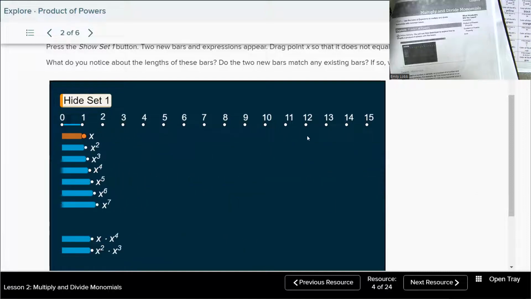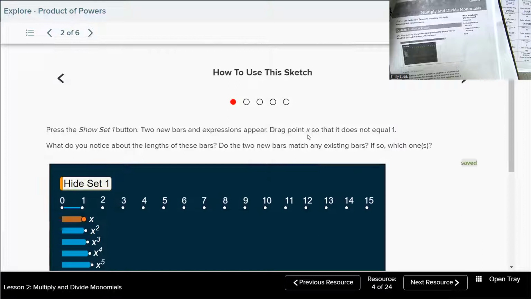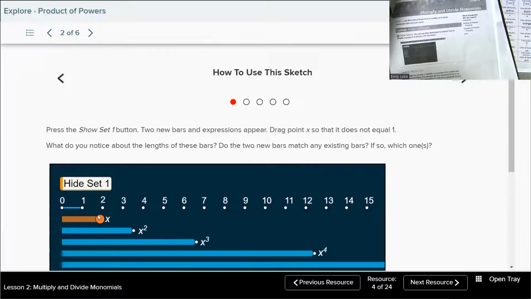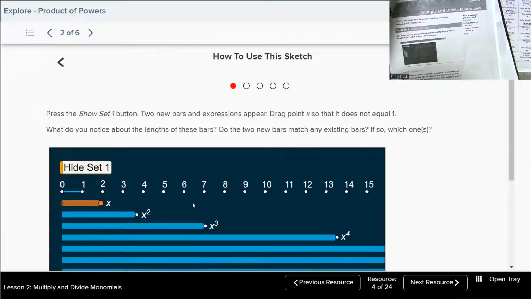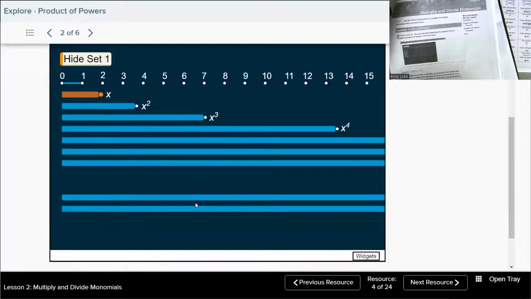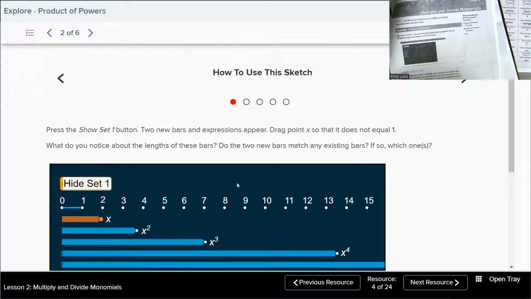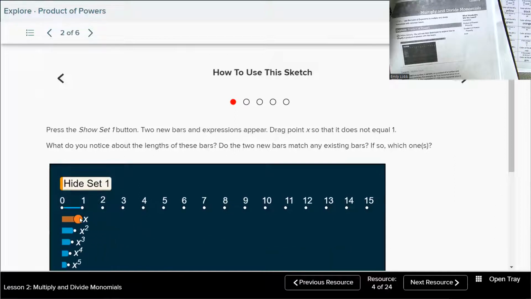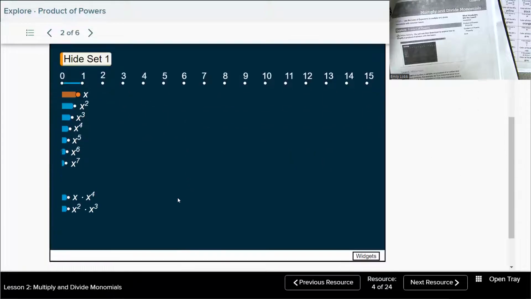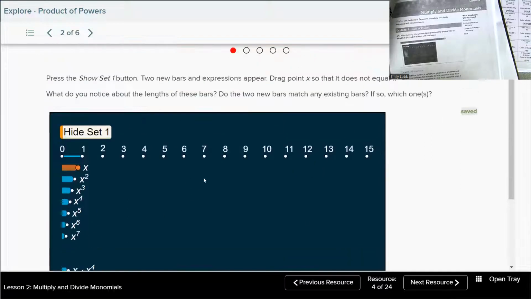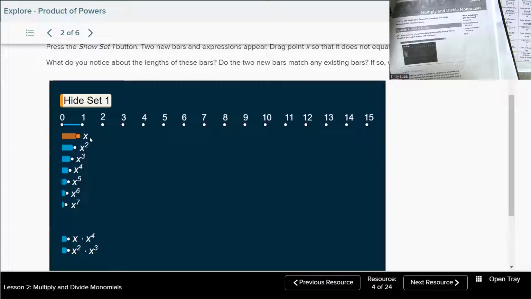All right. So what do you notice about the lengths? Do the 2 new bars match any existing bars? Yeah, they don't really match, do they? Yeah, you can't tell from this. That's fair. All right, do you see how when I go this way, it goes back in that order? That's interesting. Yeah, you're right.